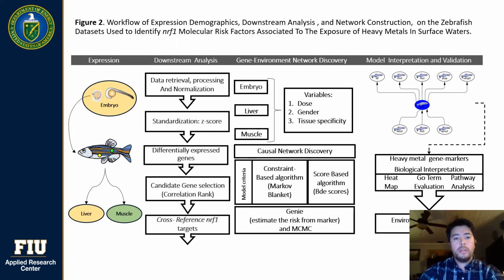Regarding the workflow of how I'm analyzing the data, I've mentioned before that I have embryo, liver, and muscle cDNA microarrays in which data has been extracted, processed, and normalized. I've also standardized all of the data using Z-score.